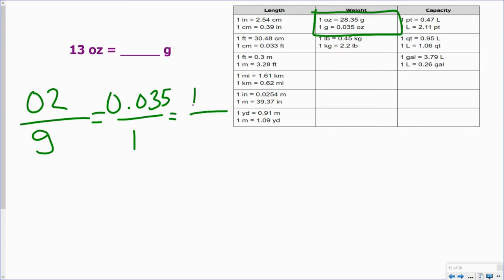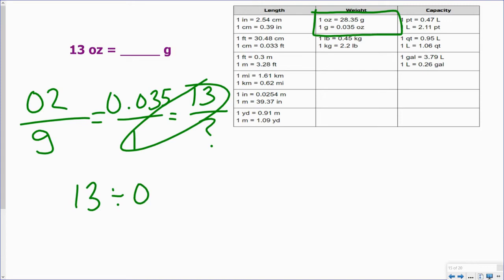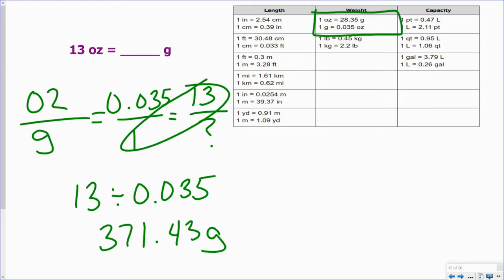And again, I have 13 ounces, and I'm looking for how many grams that I have. So again, cross multiply. 13 times 1 is 13. So then I'm going to take my 13, divide it by my other number here. And that would give me a total of 371 and 43 hundredths grams.